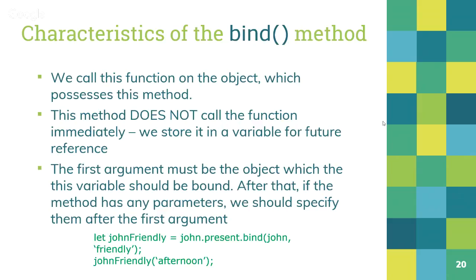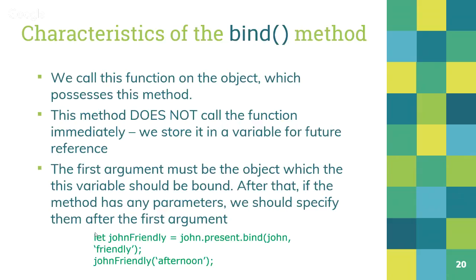Notice how in the example here, we define a John friendly variable, and we set it equal to whatever is returned from the bind function. This variable is a function now because it gets set to whatever the present function is with these variables and the new object. And it's there for us if we ever need it in the future.